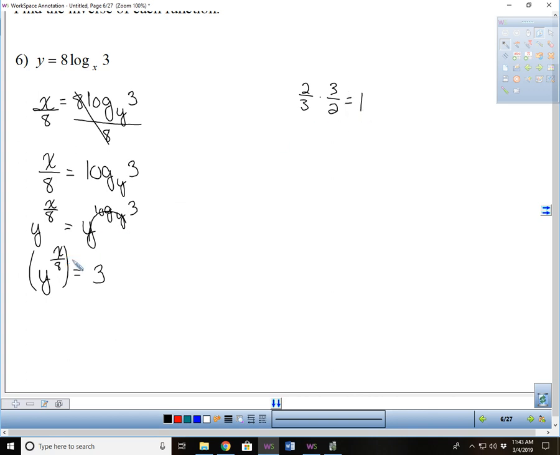So if I were to multiply this exponent up here by 8 over x, and if I did that over here, I raised this to 8 over x, a power to a power, you multiply, and you just get 1. So I get y, but I'm going to say inverse notation, equals 3 to the 8 over x.